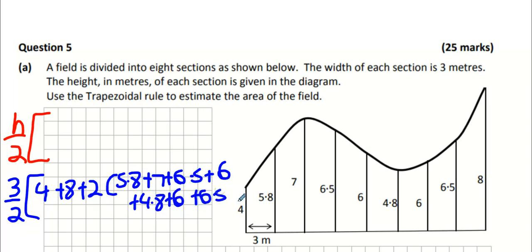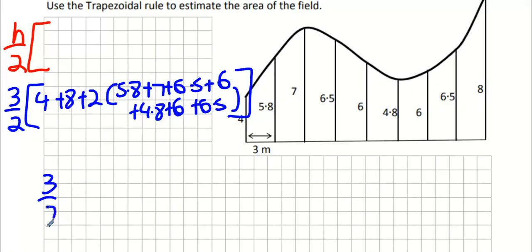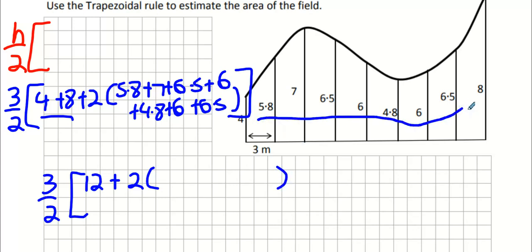You cool with that? Now, to prevent yourself making a massive amount of mistakes, what I do is first plus last first. 4 plus 8, 12. And then I do 2 times, and then I just add all the remainders. See these ones here? Want to throw all these ones into your calculator now? That'd be a good call.